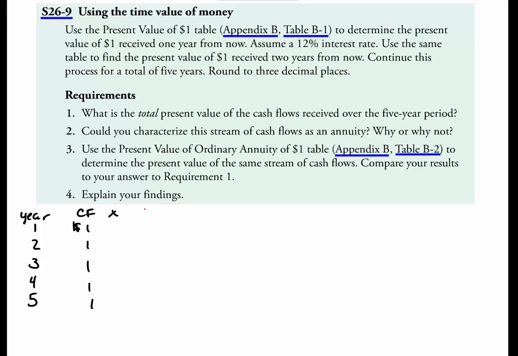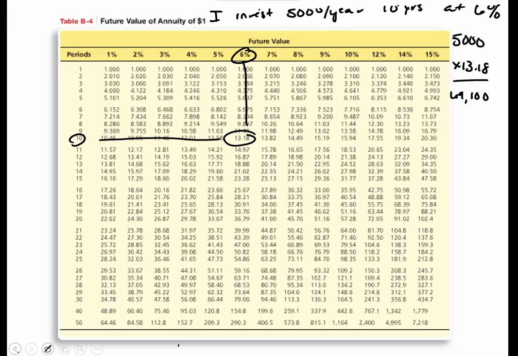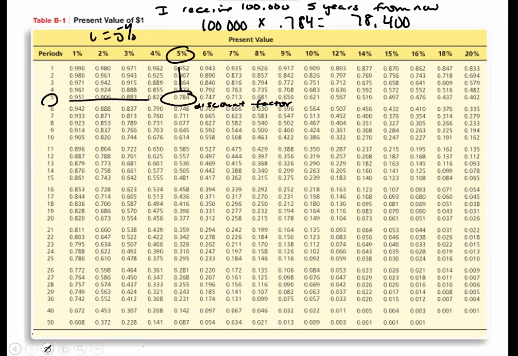Then I'm going to take that times the discount factor. The discount factor I'm going to get from table 1, and I'm going to look at 12%. Let's go back to table 1 here. At 12%, in year 1, the discount factor is 0.893, 0.797, 0.712.